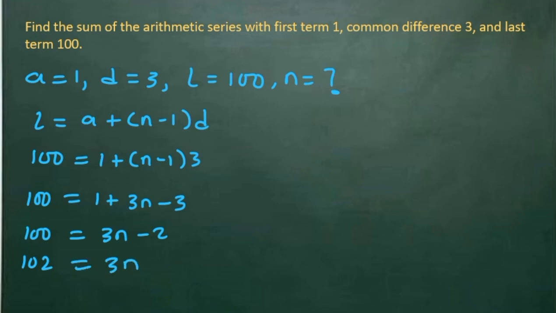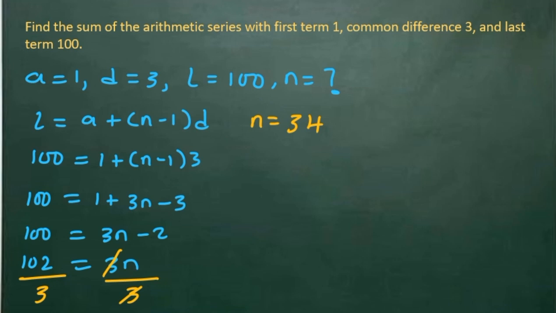Now let's divide both sides by 3. So n equals, the 3 is gone, 102 divided by 3 will give us 34.